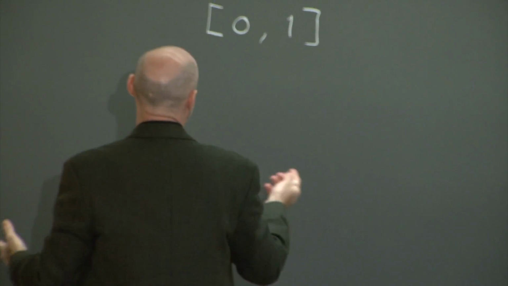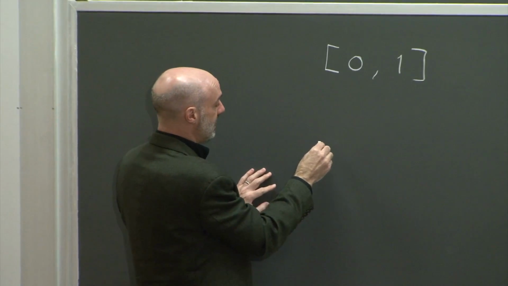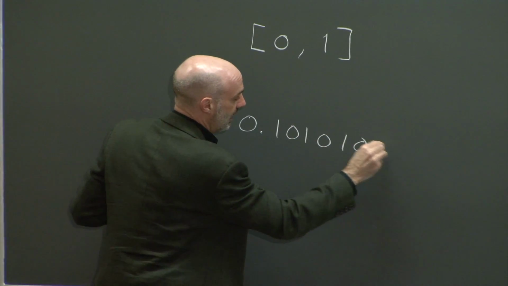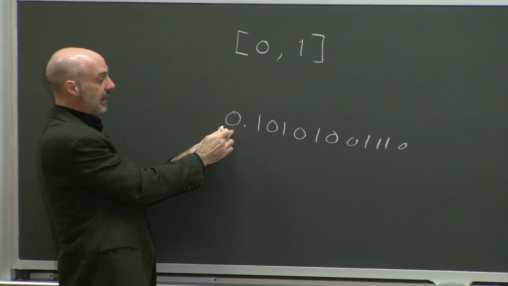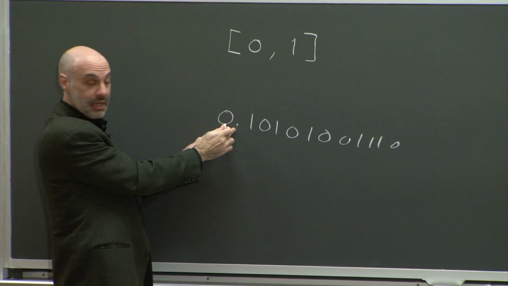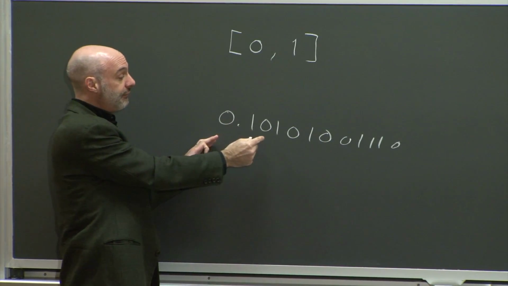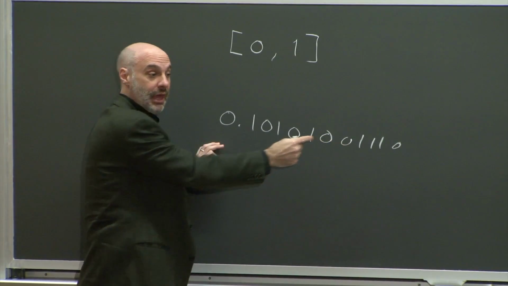OK, so that's right. For any number in there, you can express it as an infinite sequence of zeros and ones following 0 point. So a 1 there means 1/2, a 1 there means 1/4, an 1/8, and so forth.